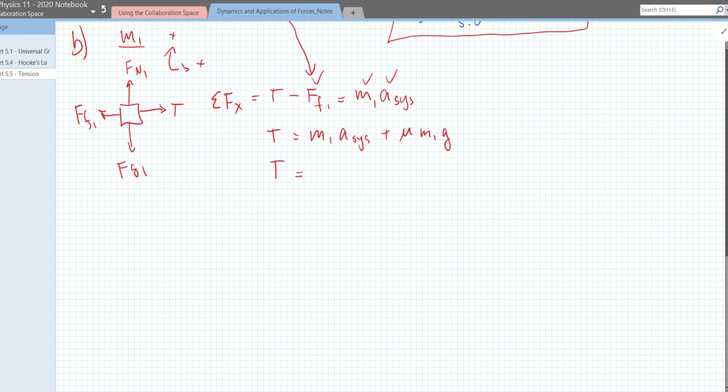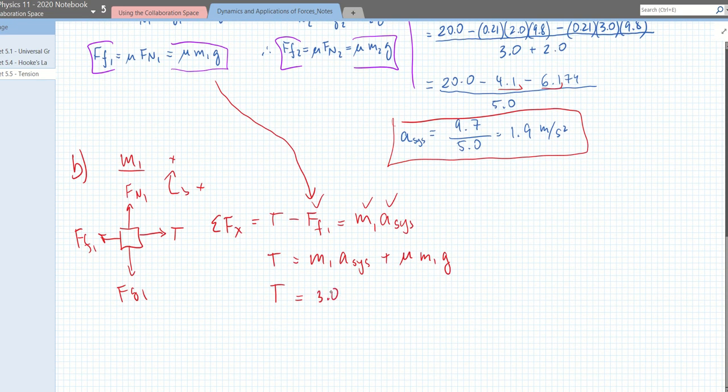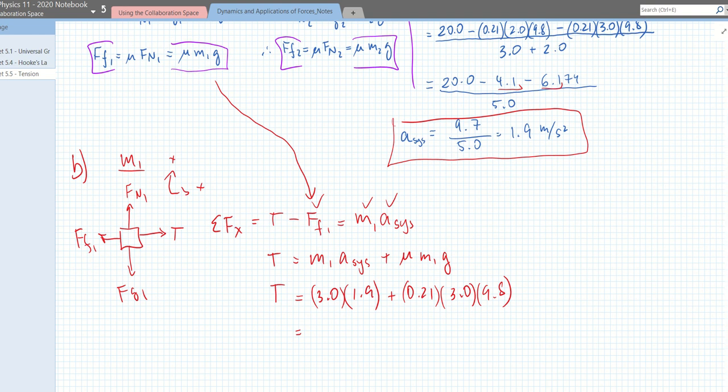So M1 was 3.0. Let's double check, 3.0. System acceleration is 1.9, 0.21, 3.0 times 9.8. So do the calculation and you get your tension. So 3 times 1.9 is 5.7, so 2 sig figs here. And then we have 0.21 times 3 times 9.8.